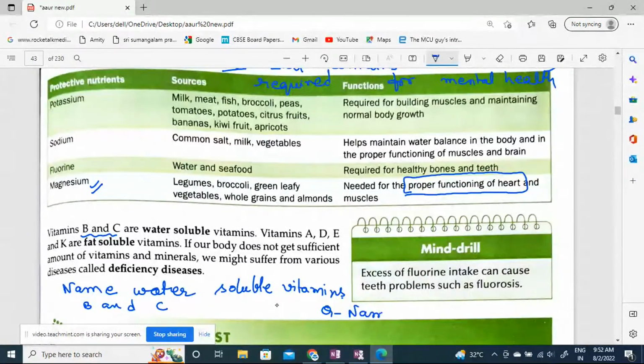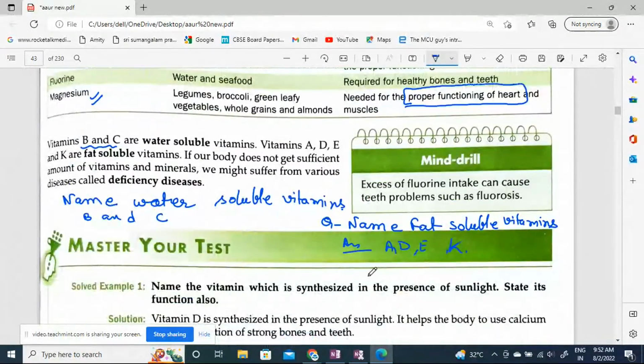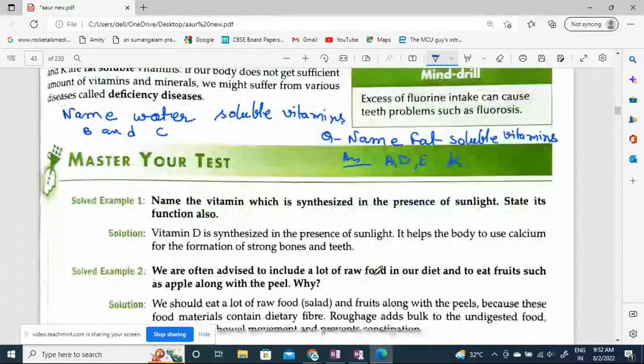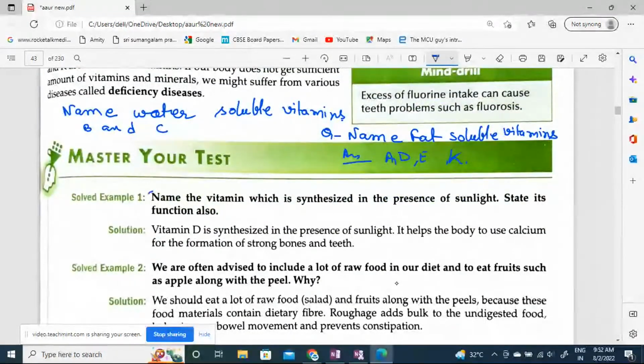Name fat-soluble vitamins. A, D, E, and K. Name the vitamin which is synthesized in the presence of sunlight. That is vitamin D.